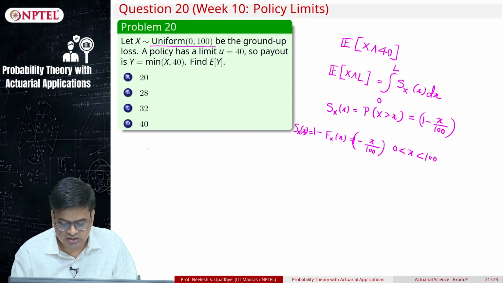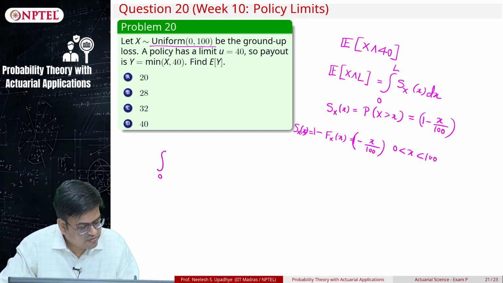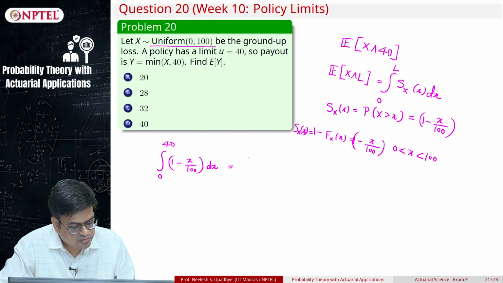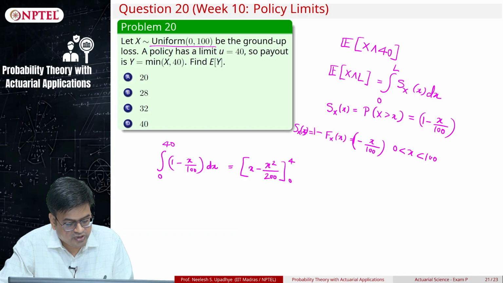So, let us integrate this out, which is integral from 0 to L, L is 40 here, of 1 minus x by 100 dx. You can easily see this to be equal to x minus x square by 200 from 0 to 40.